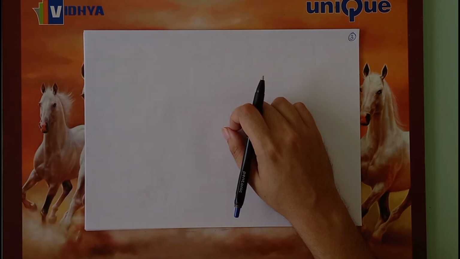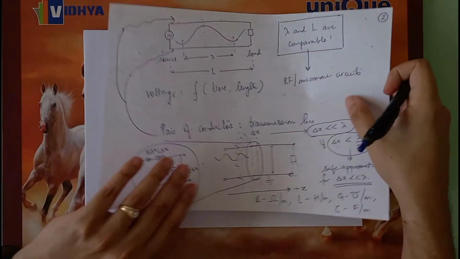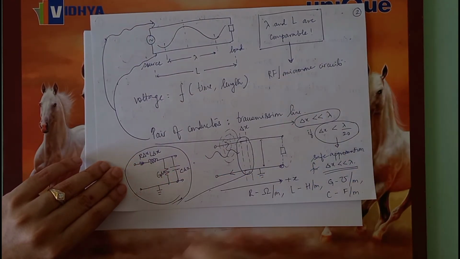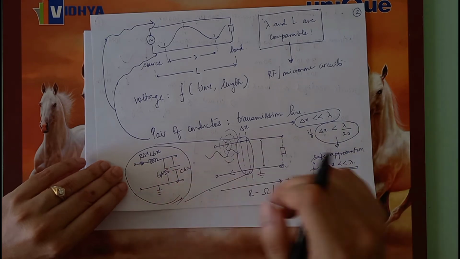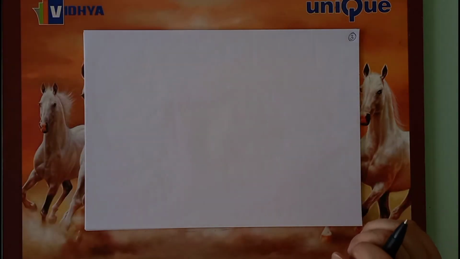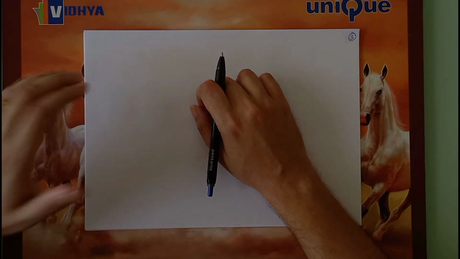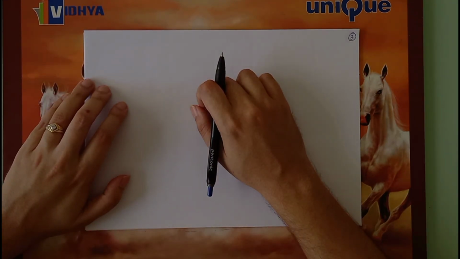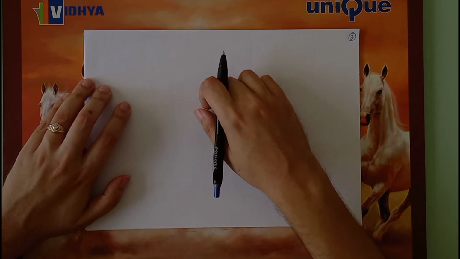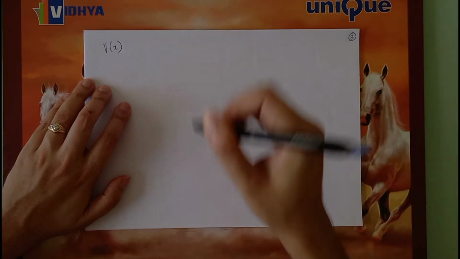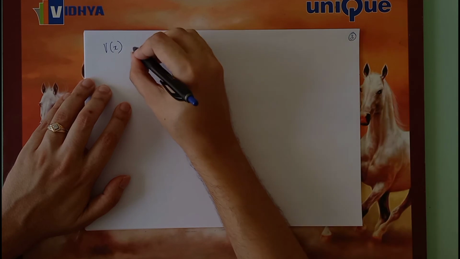So the analysis involved taking a length section of the transmission line, and then applying KCL and KVL on it, and you will see that as a function of position the voltage would look something like this.